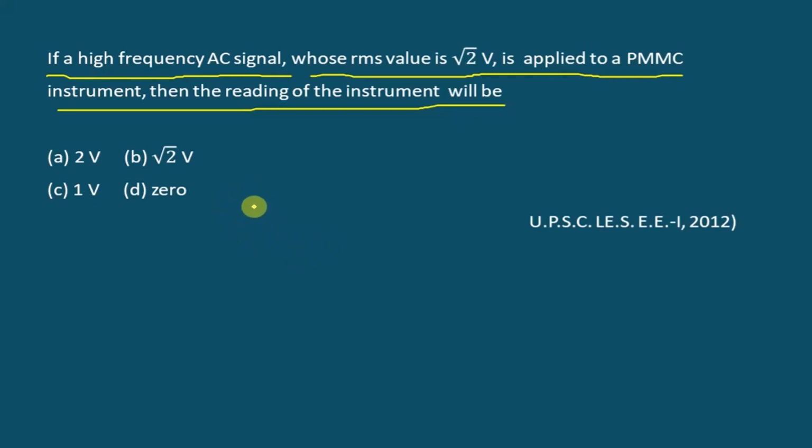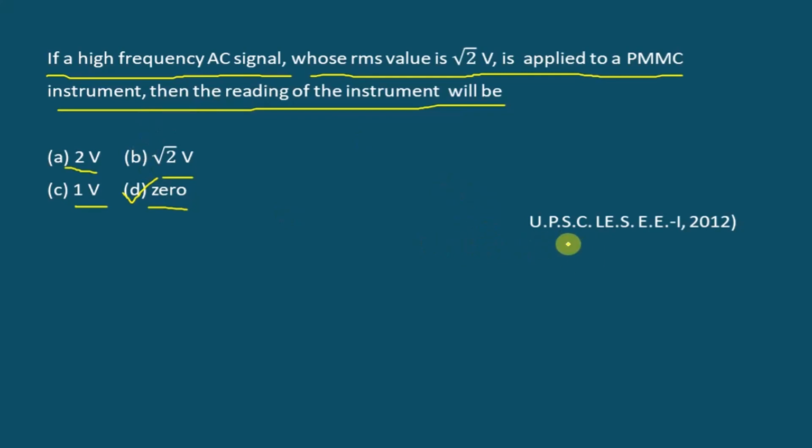I have already discussed in my previous lecture what will happen to a PMMC instrument whenever you give it an AC signal: it will not work. The options given are 2 volt, root 2 volt, 1 volt and 0. So the answer will be 0 because it will not work whenever you give an AC signal.